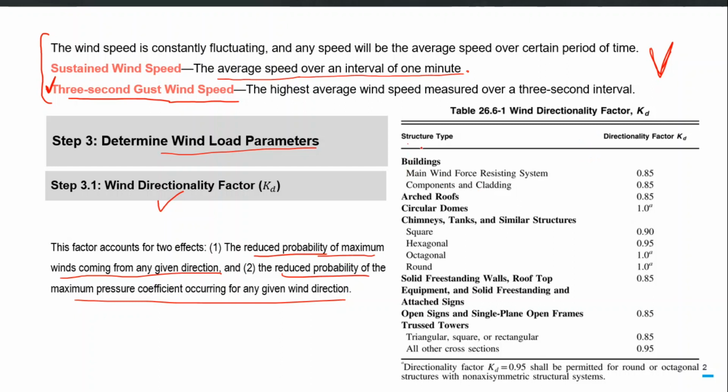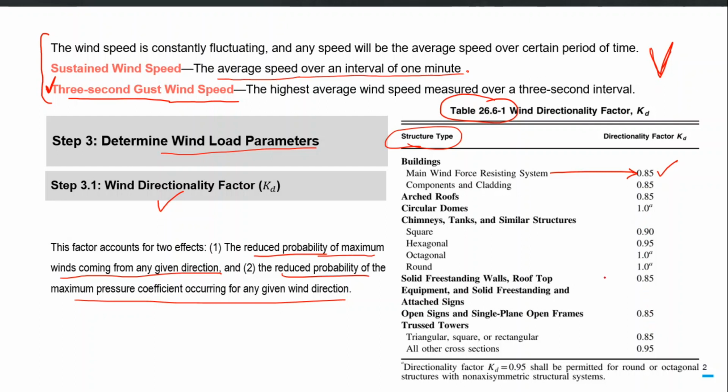For the different structure types, this factor is provided in this particular table 26.6-1. So you can pick, based on the main wind force resisting system, 0.85 here, or for other kinds of structures you also have a number less than 1.